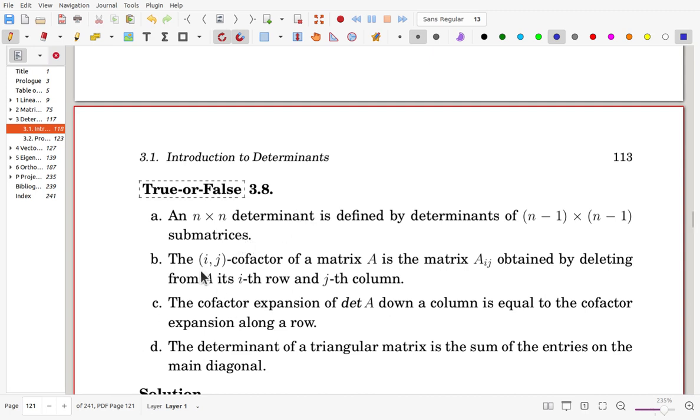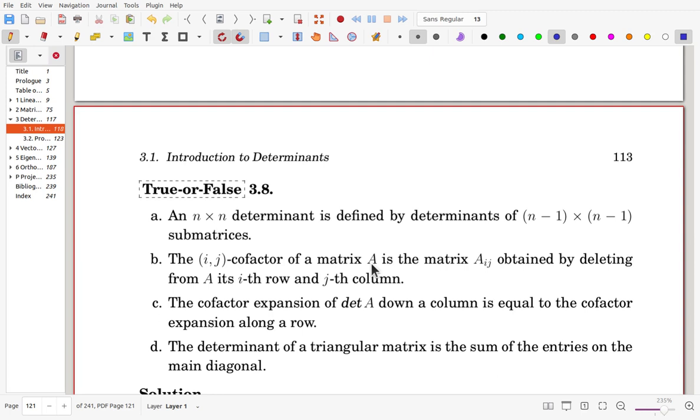The ij cofactor of a matrix A is the matrix Aij obtained by deleting A's ith row and jth column. Is it true? The ij cofactor of a matrix A is a scalar value, not a matrix.